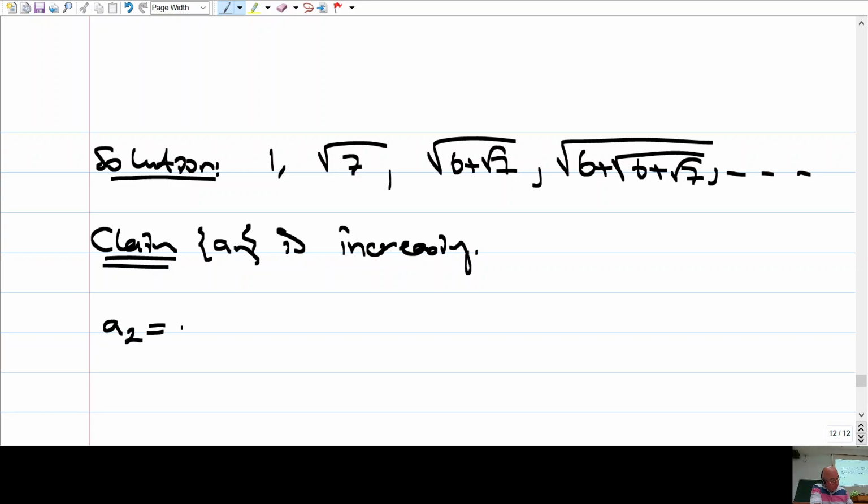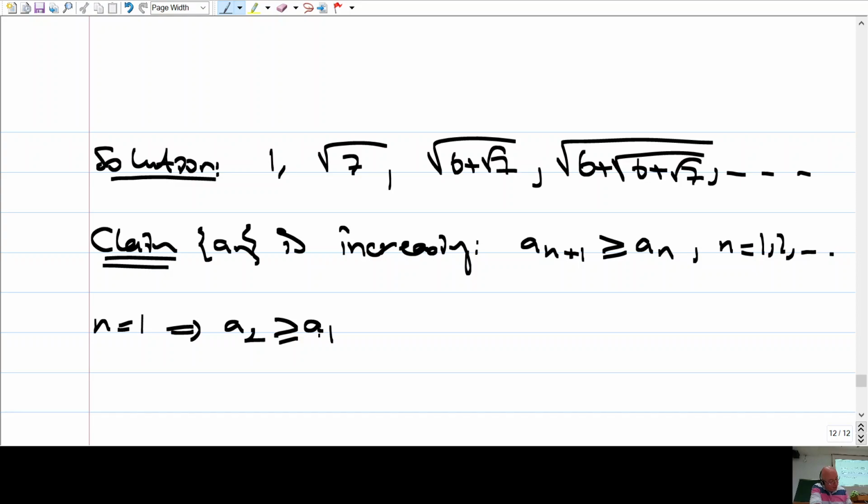We mean a(n+1) is larger than an, right, for n equals 1, 2, and 3. The n equals 1 case implies a2 is larger than a1. Is it true? Yes. a2 is square root of 7, a1 is just 1, and it is true.